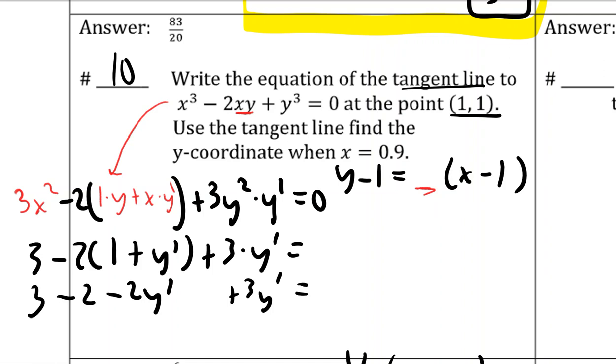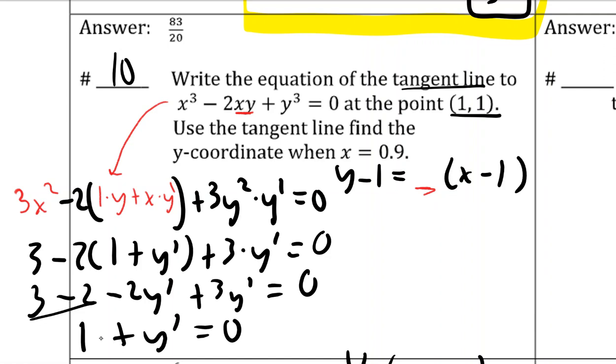Where'd this y come from? Distribute, okay. Okay, recheck. Are you okay with that? Okay, combine these together to get 1. Combine these together to get 1y prime. Subtract it over, and it looks like y prime at 1, 1 is negative 1.